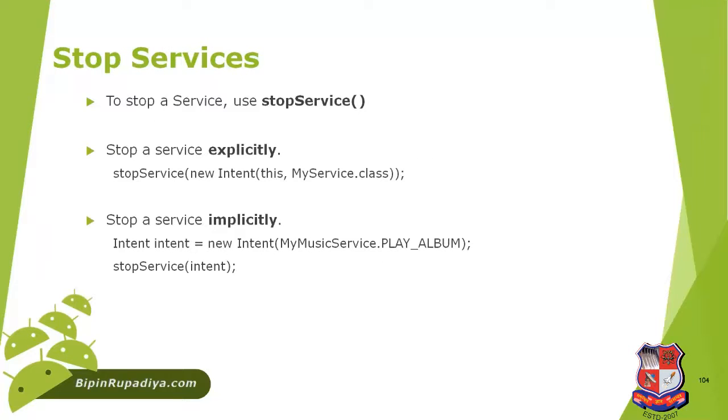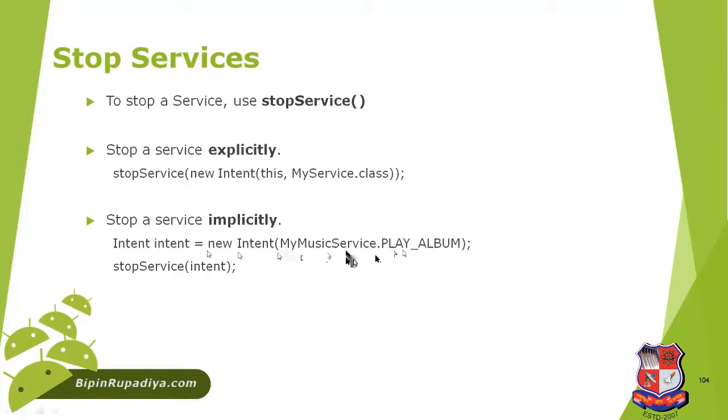Now how can you stop it? To stop explicitly and implicitly, again we need to specify our intent. Just see stopService, and we are specifying our explicit intent, with the current context and MyService class. And to stop it implicitly, we pass the implicit intent.